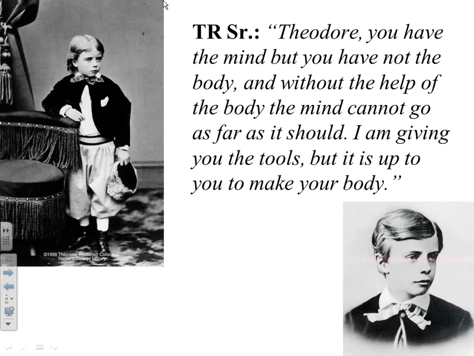And he begins to work out, literally, starting with kind of the early days of barbells and dumbbells, of weightlifting, and a lot of outdoor physical activity to be able to build up his body so that he could overcome the trials of his asthma.